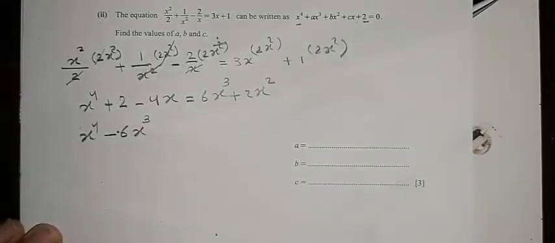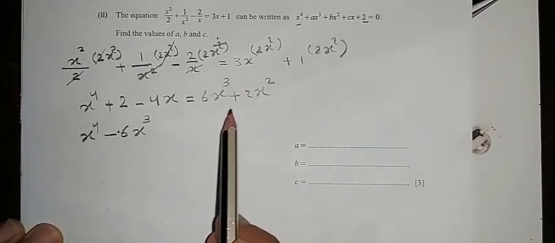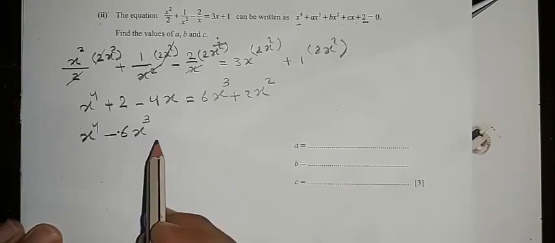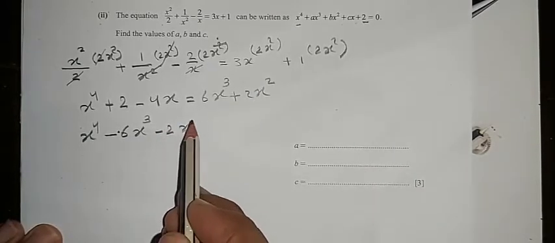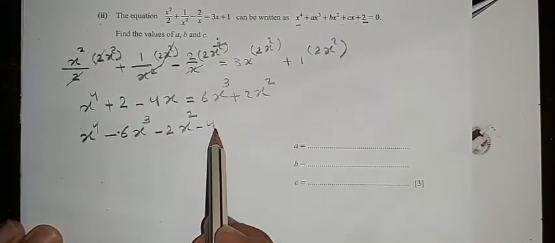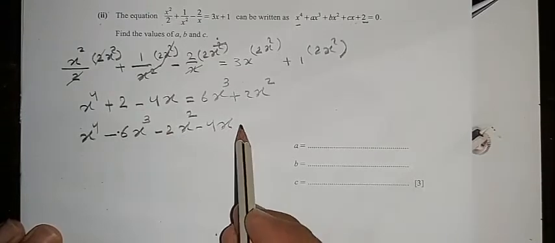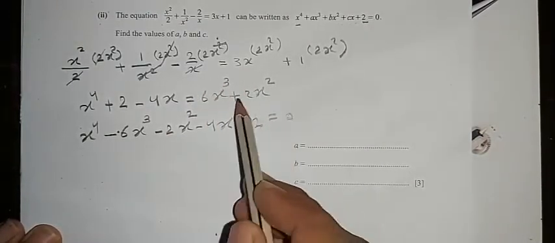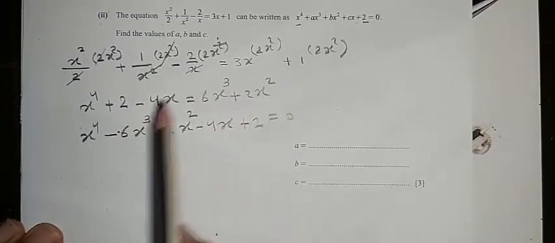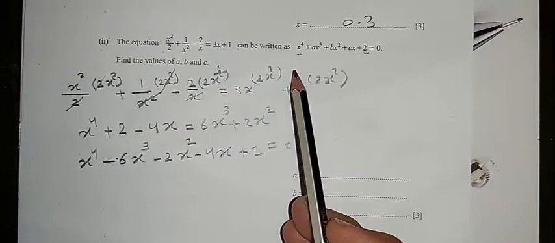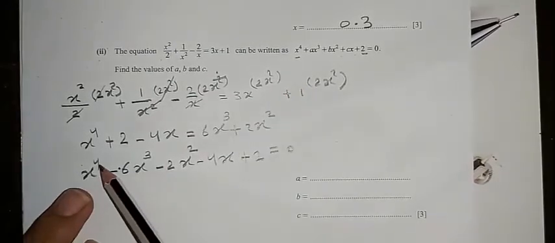This term we need to bring it here also, minus 2x power 2, then minus 4x plus 2 here equals 0. Okay, because we already moved these two terms. Now it's in the same form here, x to power 4.